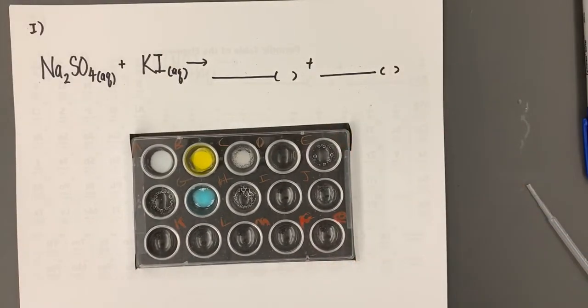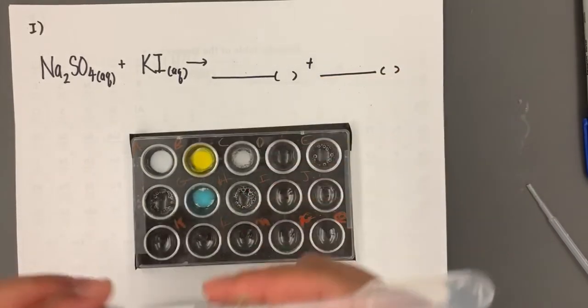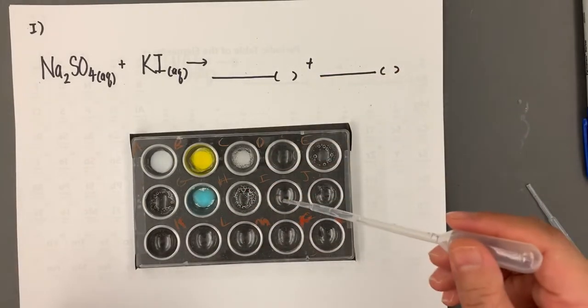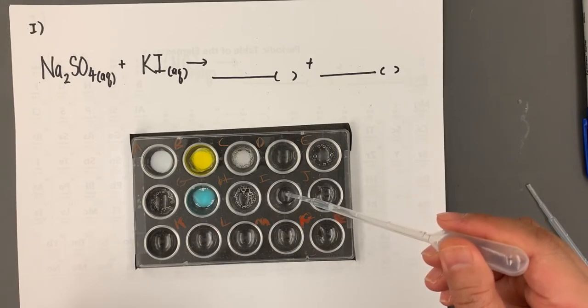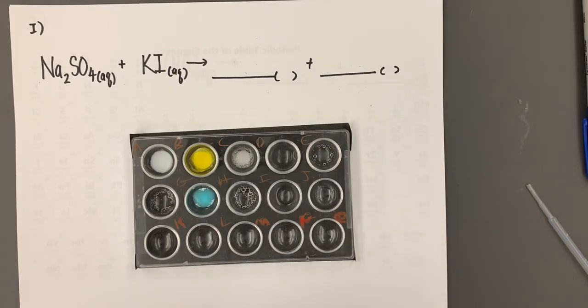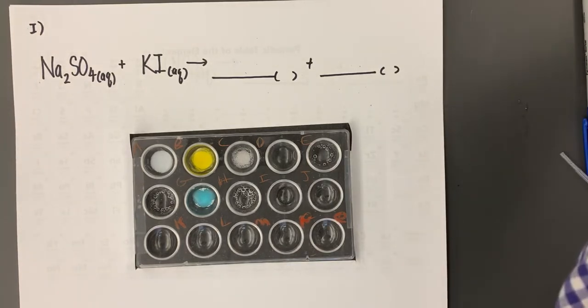Na2SO4, so sodium sulfate, is also a clear colorless solution. And potassium iodide, like we said before, is a clear colorless solution. I have run out of potassium iodide, so I'll get a little bit more.